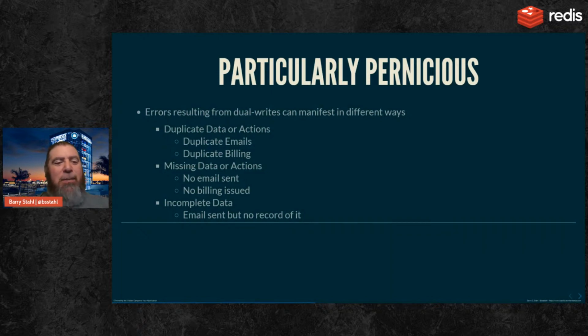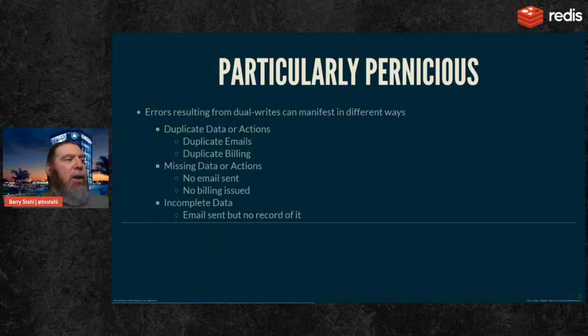A Heisenbug is, going back to the physicists metaphor earlier, one where when you look at it, when you try and find it, it's no longer there or it's changed. A lot of these will not be repeatable because ultimately what they generally come down to is they resulted from a hardware failure somewhere, and those are generally not repeatable.